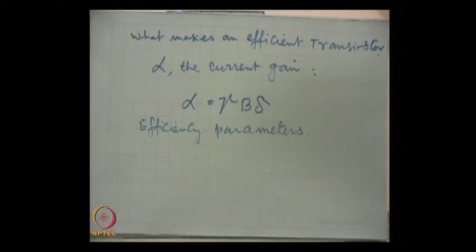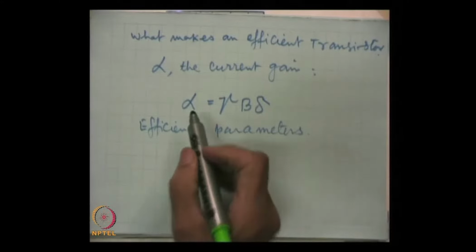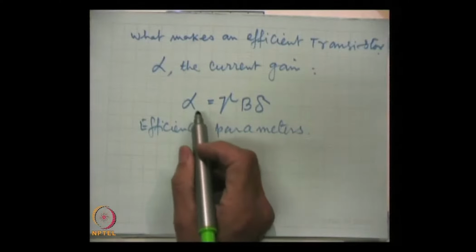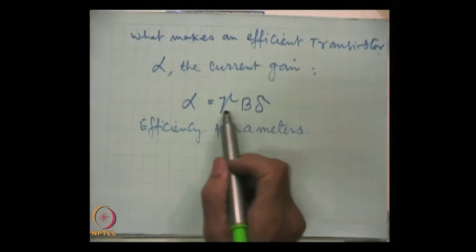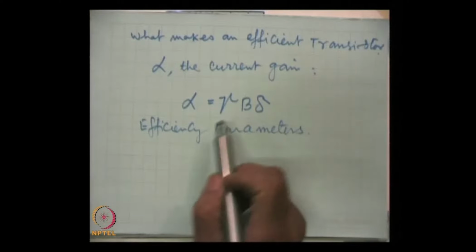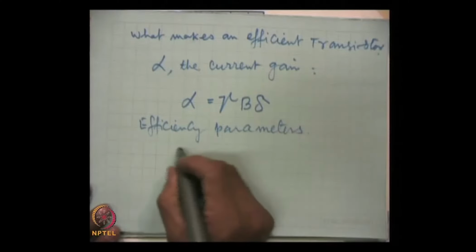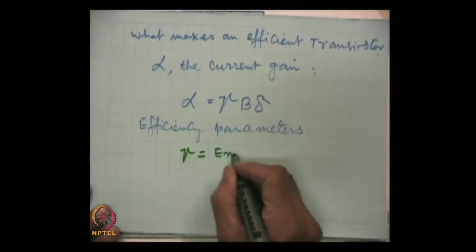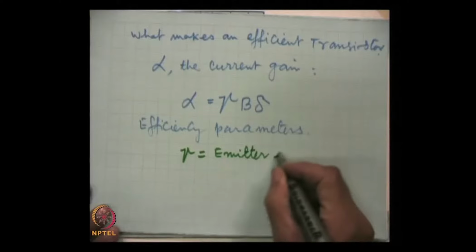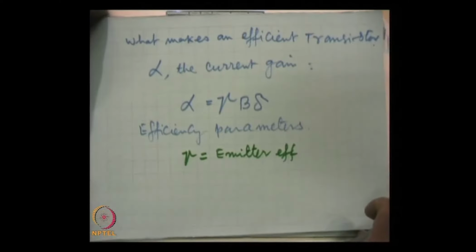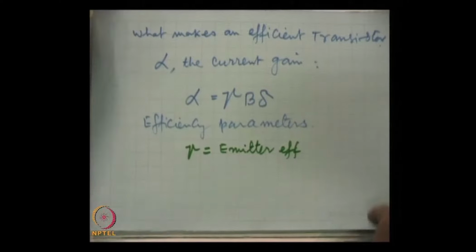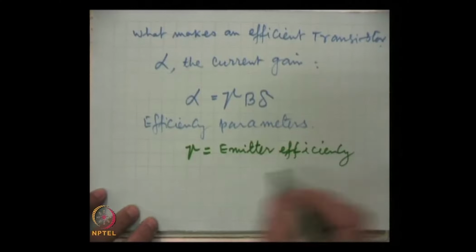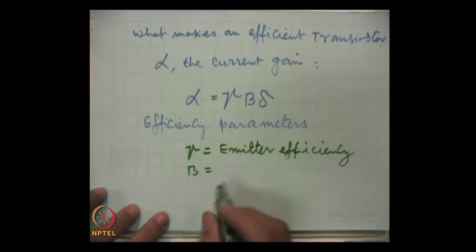We will discuss one by one. We have said that alpha should be close to 1. That means, all these parameters ideally should be unity. Now, what are these? Here gamma is called emitter efficiency. B is called base transport factor.